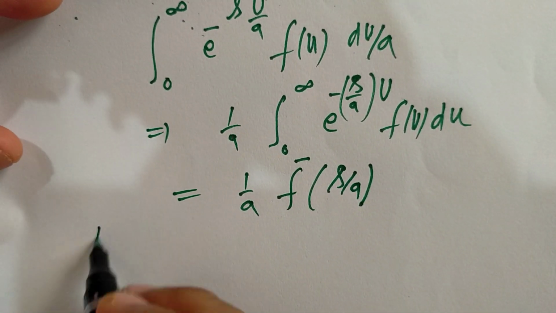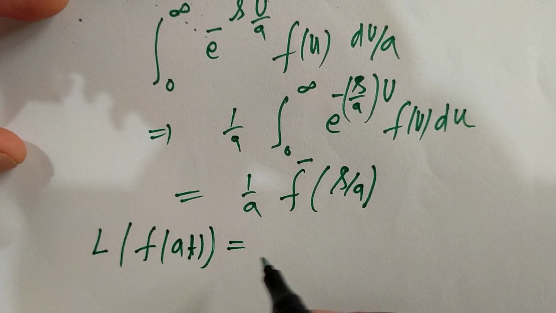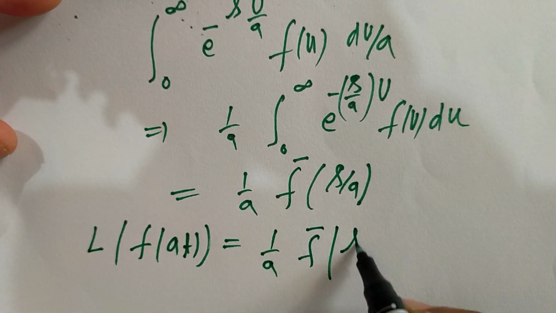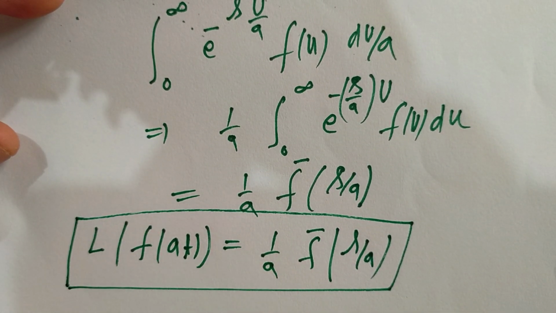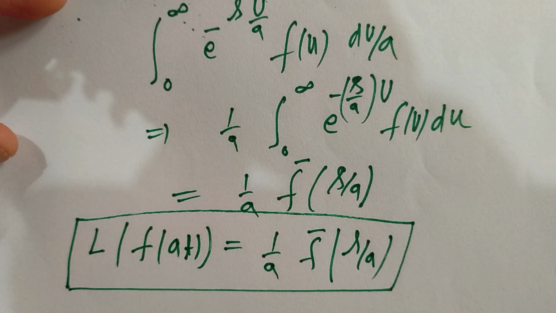So Laplace of f of at equal to 1 by a F bar of s by a. So s is replaced by s by a and you have to divide by a. So this is the change of scale property.